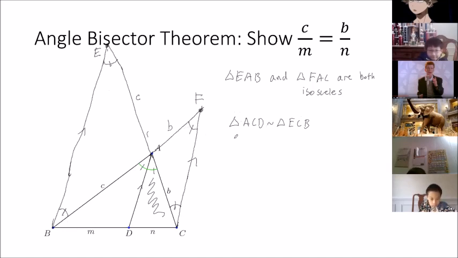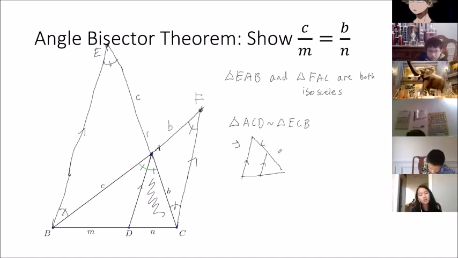And what that tells us is we have this situation here, with C, B, M, N. And these similar triangles tell us that C plus B over B is equal to M plus N over N, by the similarity side ratios.